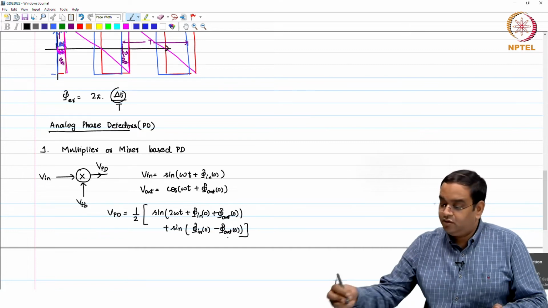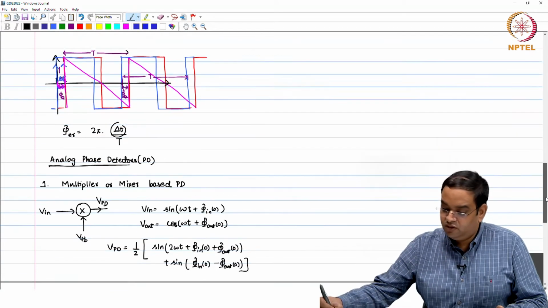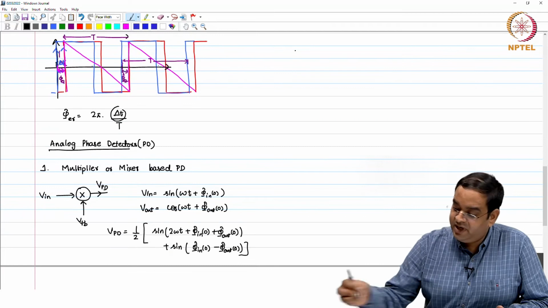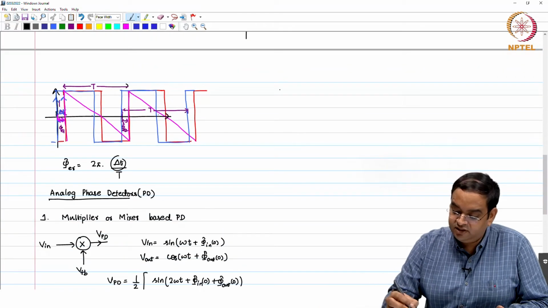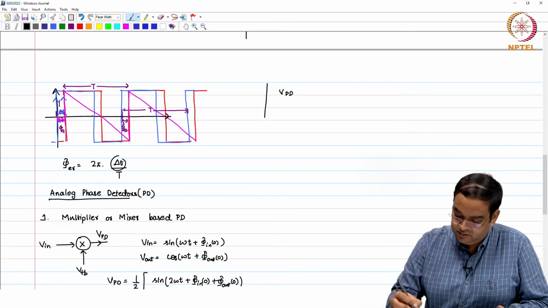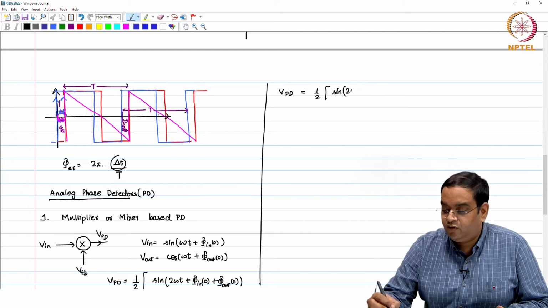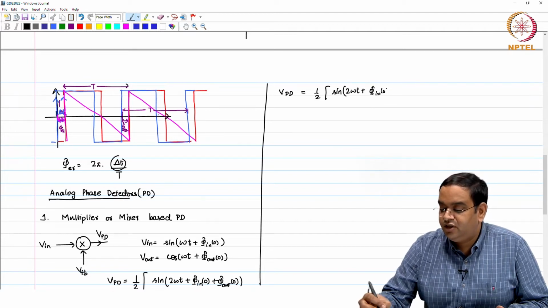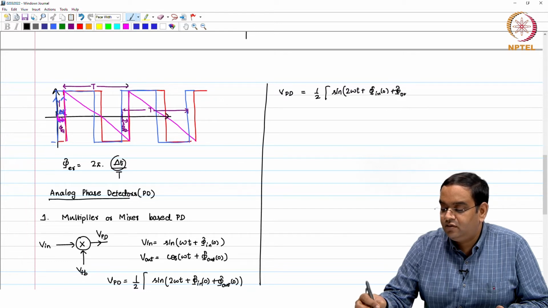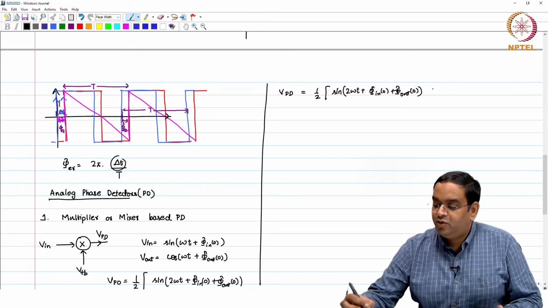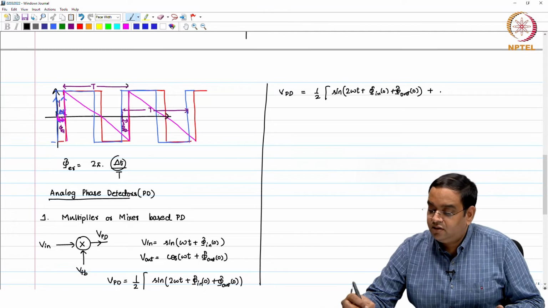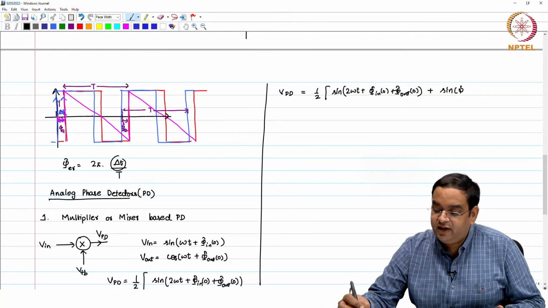Now, as we know, this VPD can be written as half of sine of 2 omega t plus, let us say, phi in 0 plus phi out 0, plus sine of phase error.